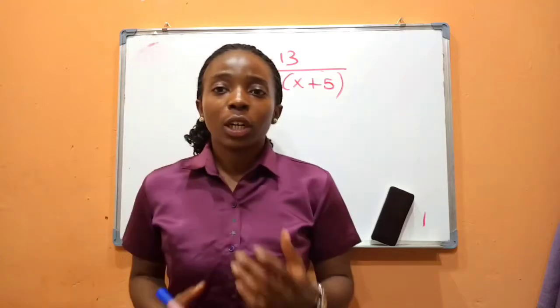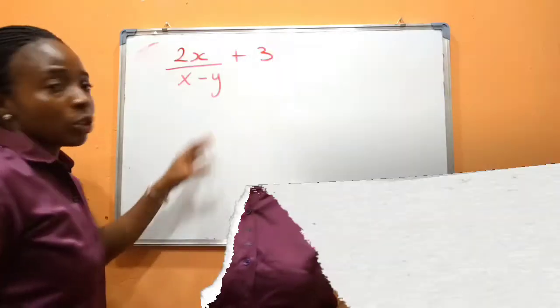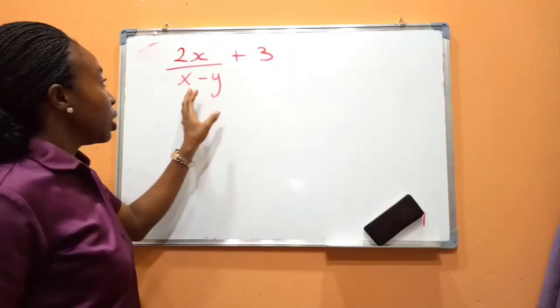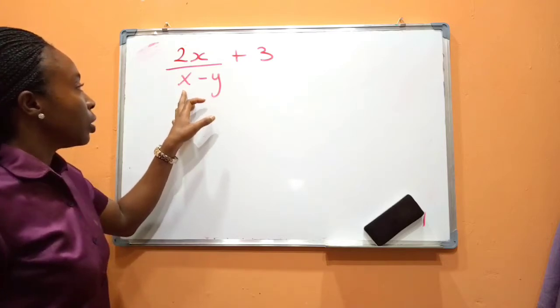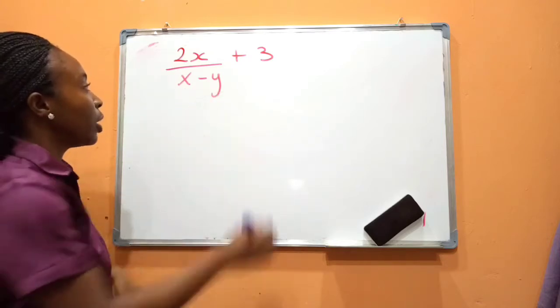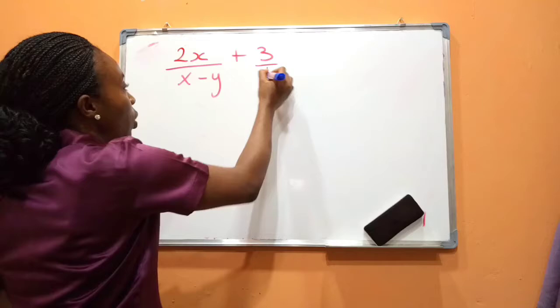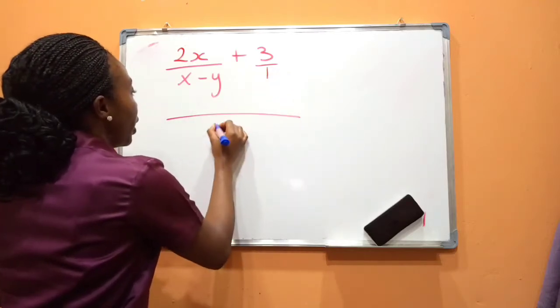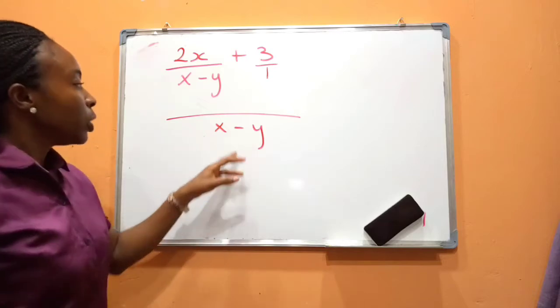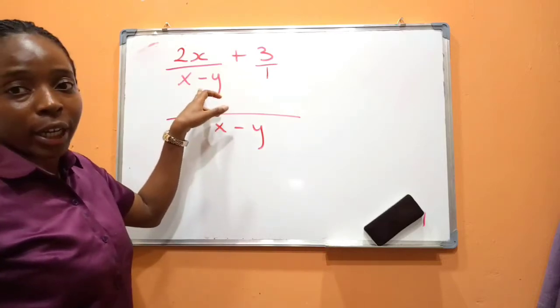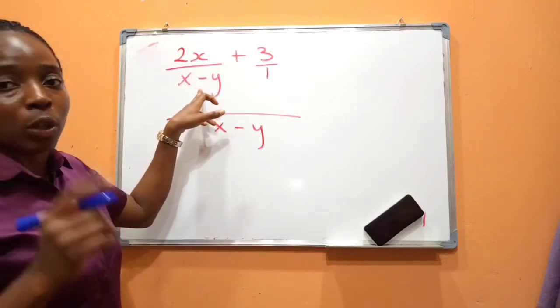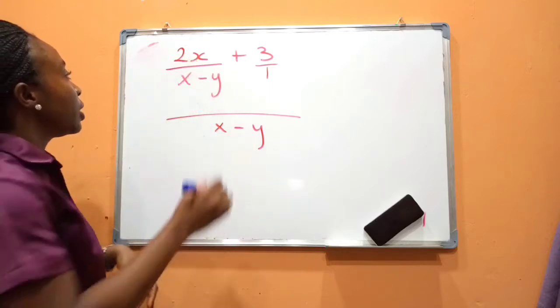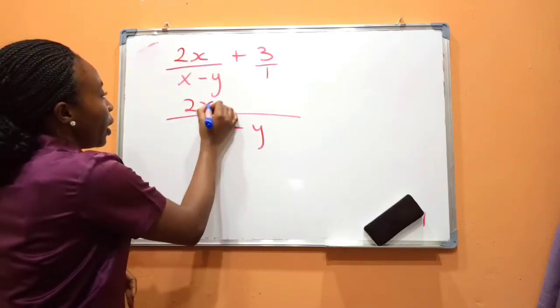So let's look at another example for clarity. How do we handle something like this? If you take a look at this question, our denominator is x minus y. Then here we have 1. So our LCM is simply x minus y. So we say x minus y divided by x minus y. We have 1. 1 times 2x gives us 2x.